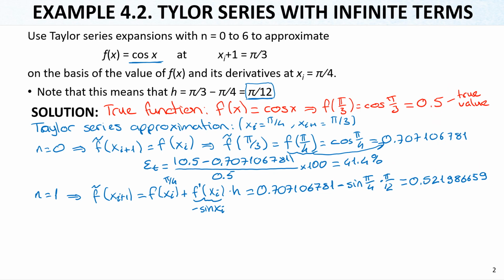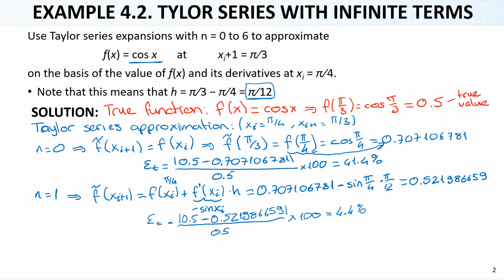So let's calculate the error between them. And the error is again with the true value subtracted from the predicted value divided by true value times 100, and this gives us an epsilon t of 4.4%.